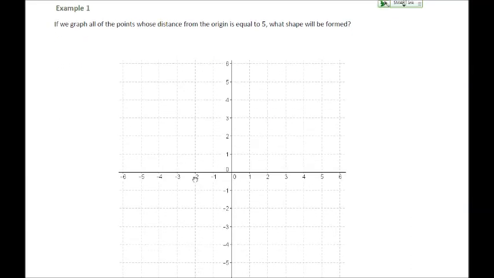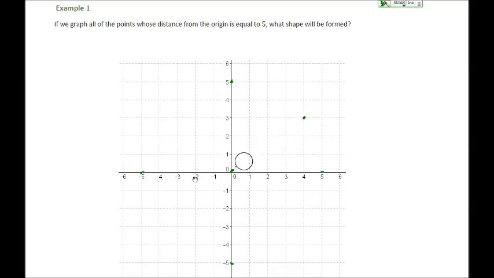Example 1 asks us to graph all of the points whose distance from the origin is equal to 5. So I can go right and up and left and down 5, but in the problem we just did, where the horizontal length was 4 and the vertical length was 3, we found that that was also a length of 5.